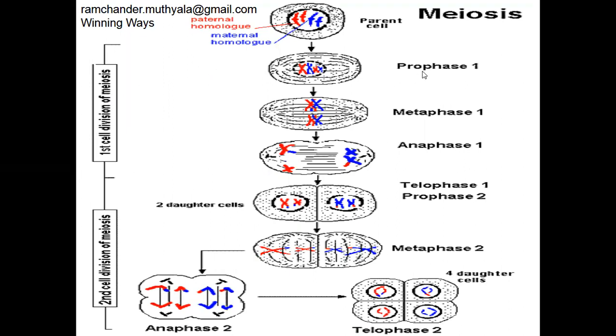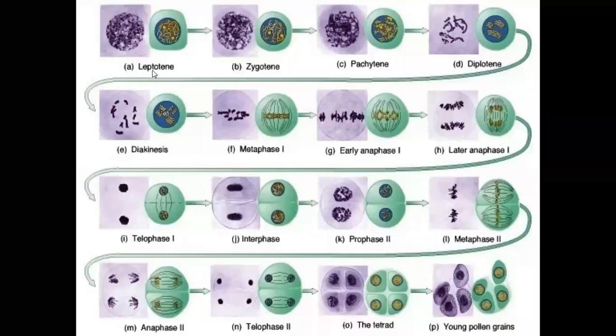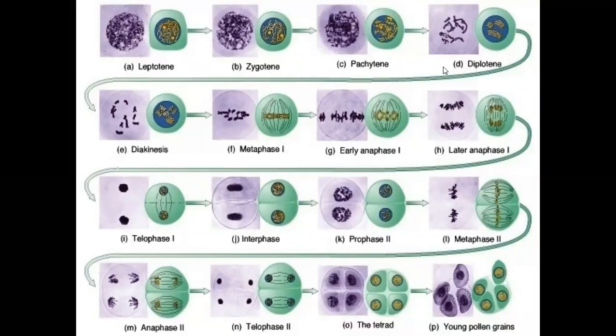The prophase 1 again shows the following 5 subphases: leptotene, zygotene, pachytene, diplotene, diakinesis. These 5 subdivisions are under prophase 1 of meiosis 1.